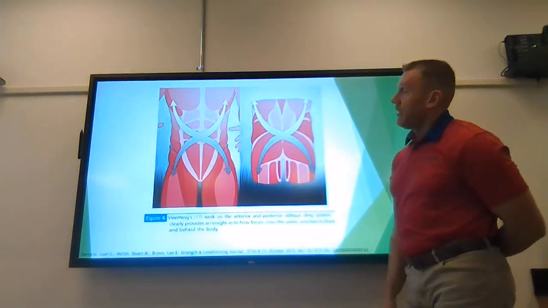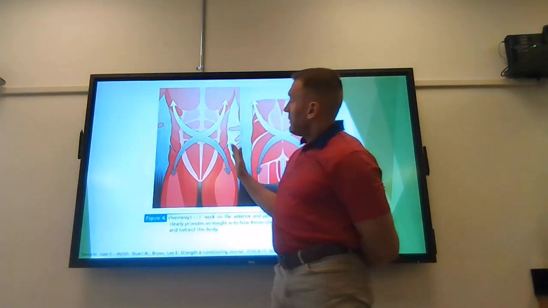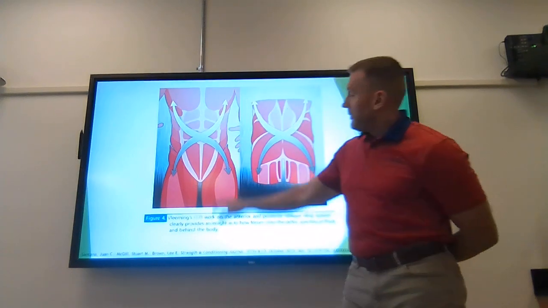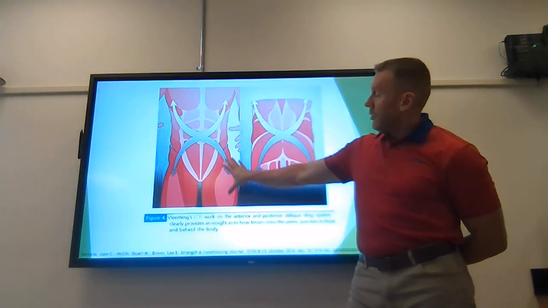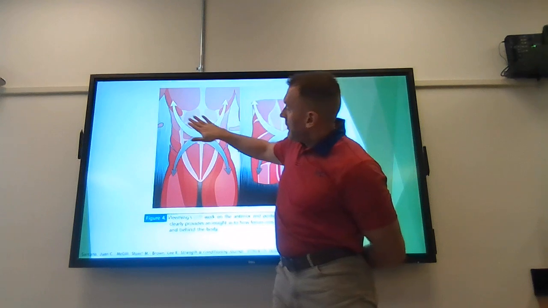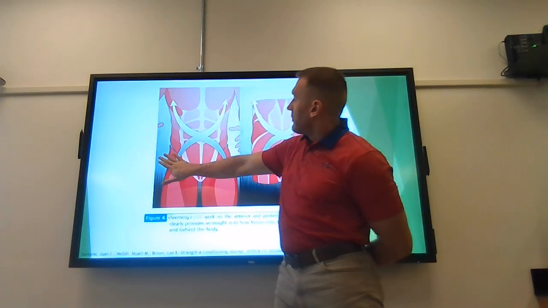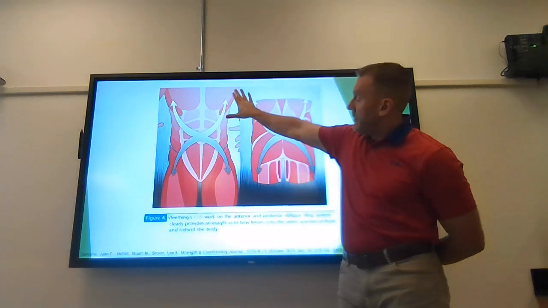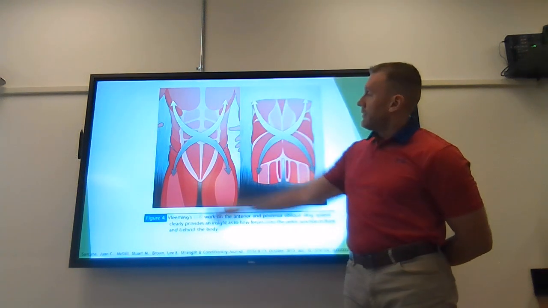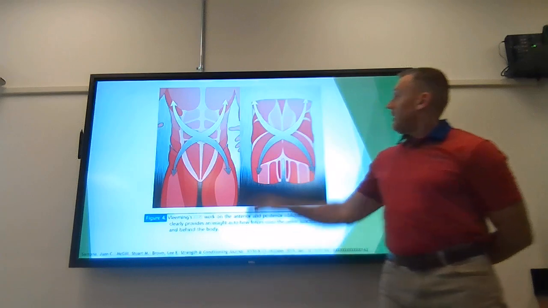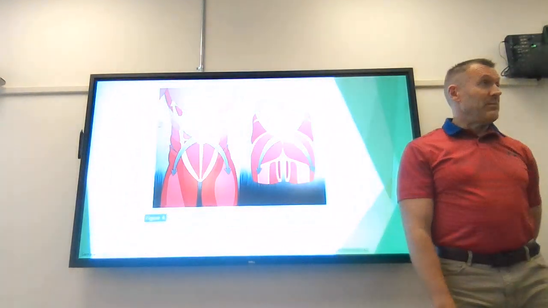So forces are transmitted along spiral lines from the left side, the left lower extremity, to the right side of the torso, or from the right lower extremity to the left side of the torso. So this is in front, and then in back, it's the same type of concept.